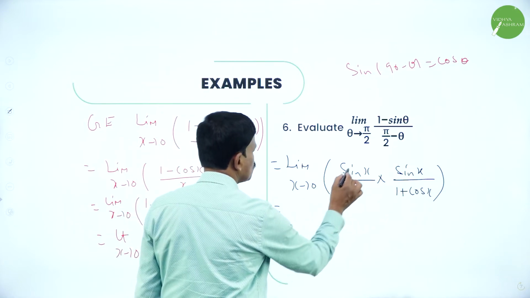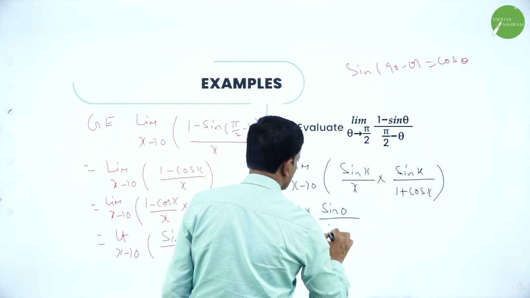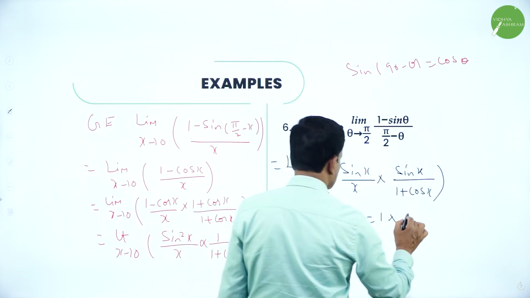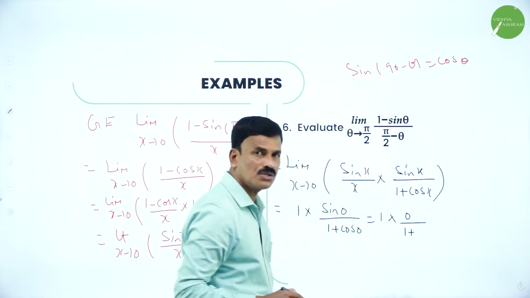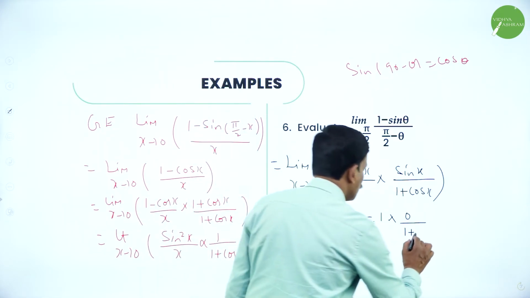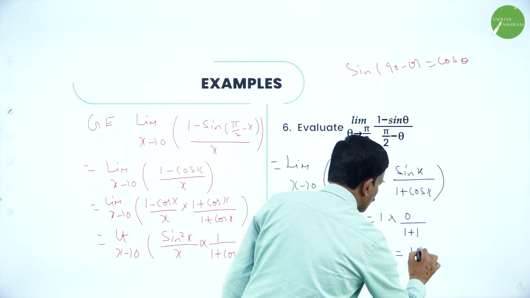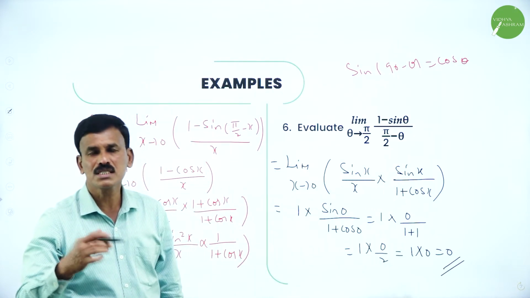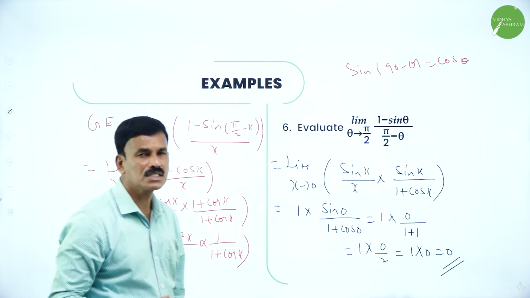Limit x tends to 0 of sine x by x is 1, divided by, sine 0 divided by 1 plus cos 0. Sine 0 is 0, and cos 0 is equal to 1. So this is 1 into 0 by 2, that is equal to 0. The total answer is 0 itself. That's it. This is how we are going to evaluate this, right?